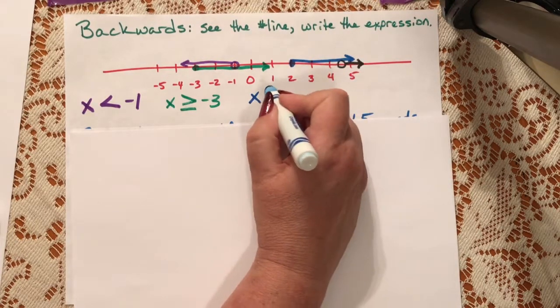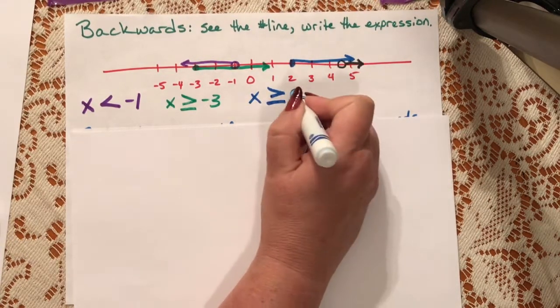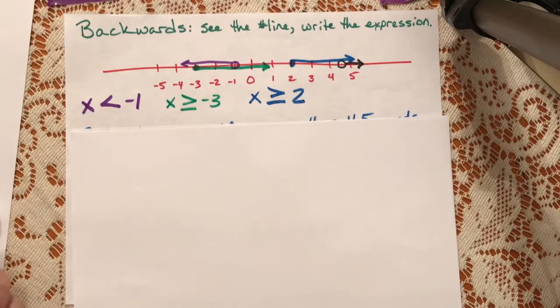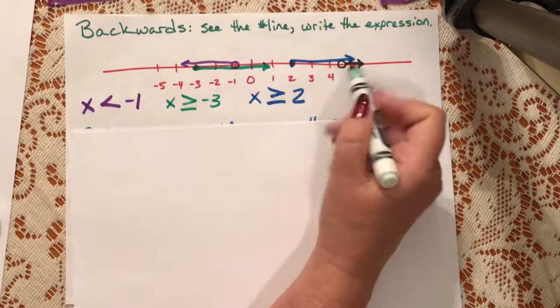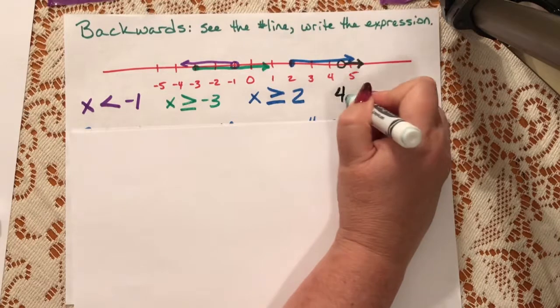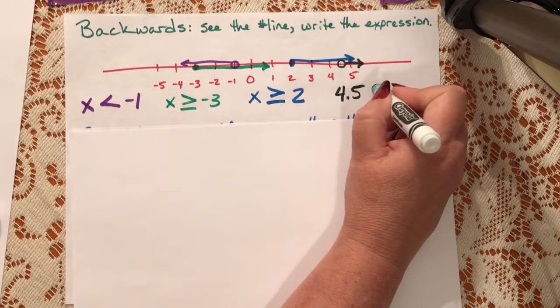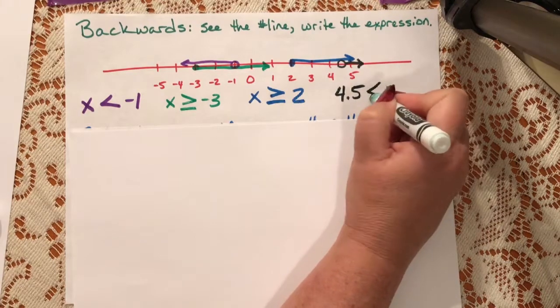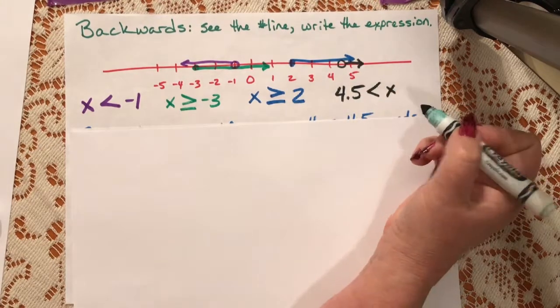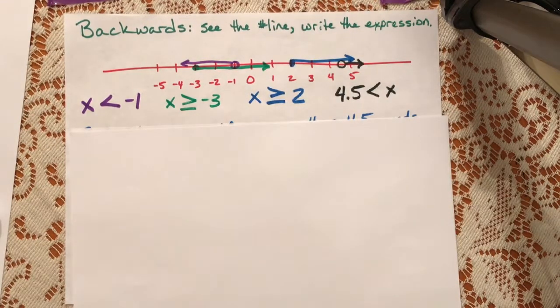So x is greater than or equal to 2. And then the black one is an open circle at 4.5, and x is greater than it. So x is greater than 4.5. 4.5 is less than x.